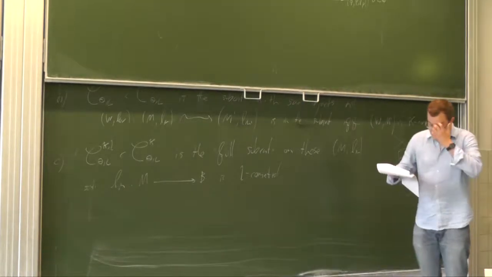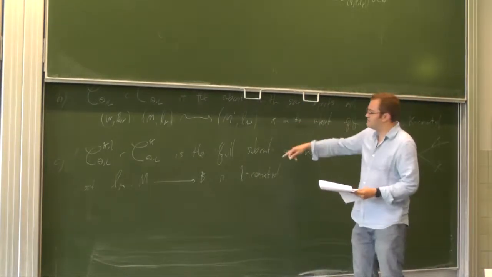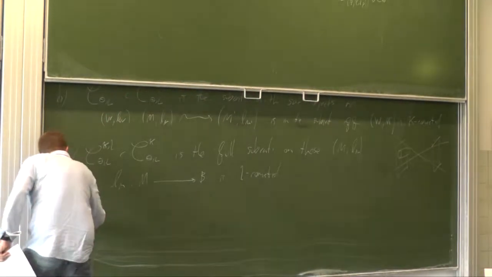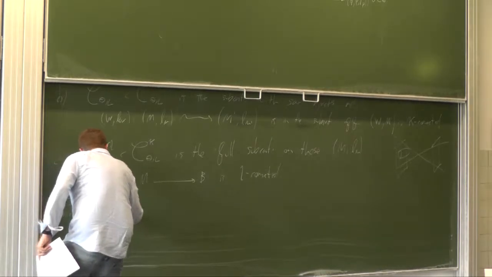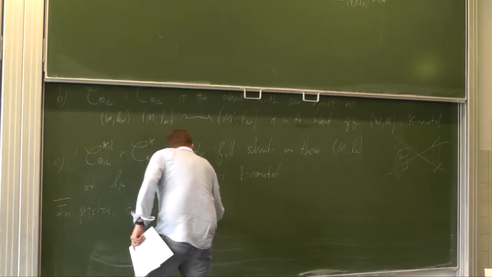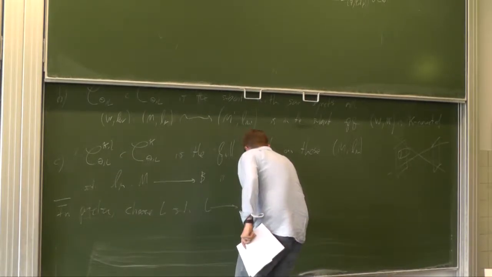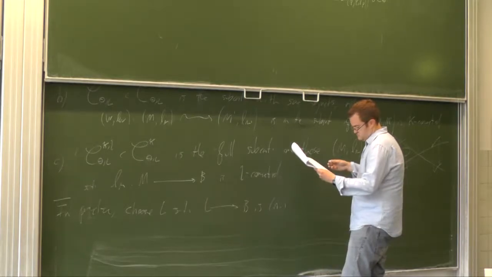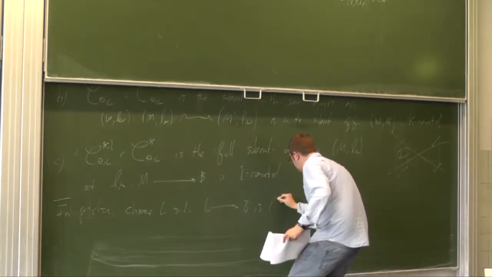Okay. Now this looks a little different in flavour. B and C look a little different in flavour, but let me just point out that in practice, you choose L so that L to B is n-1 connected. L plus 1 connected, sorry.